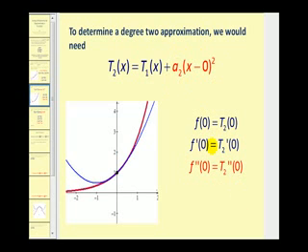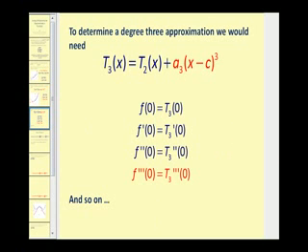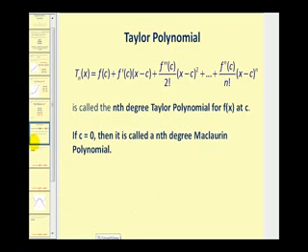And this pattern will continue. If we want to find the degree 3 polynomial approximation, we take the degree 2 polynomial approximation and add a degree 3 term, and we could determine a sub 3 by satisfying the equation where the third derivatives were equal to each other. If we keep doing this, a pattern develops which leads to the formula for a Taylor polynomial.